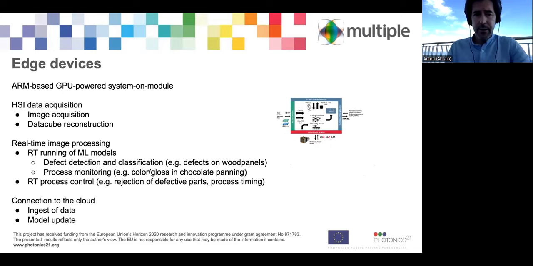Well, the edge devices, from a hardware viewpoint, are basically a system on module based on ARM processors and powered with GPU units that enable the use of machine learning models at the edge.